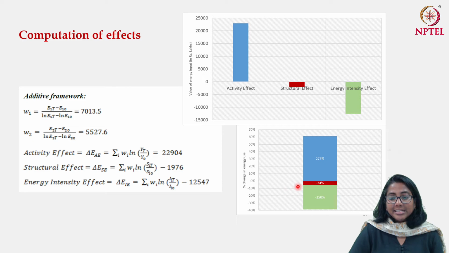However, energy intensity gain is actually contributing a lot. So if you actually deduct this 24 and 150 from this 273, or you can say 274 should be here, this will be 100%. So had there been no structural effect and no energy intensity effect, the energy demand would have been double than what it is now. So this is another way how you can represent this.